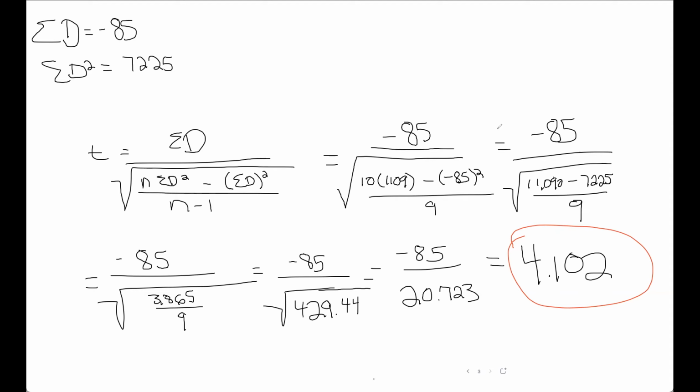Right. We have 9 degrees of freedom, and this is a one-tailed test. We want an alpha of 0.05. And so here we have a critical value of 1.833. So what do you say? Can we reject the null hypothesis and say that there are statistically significant differences? Yes, we can, because 4.1 beats 1.8 every time.